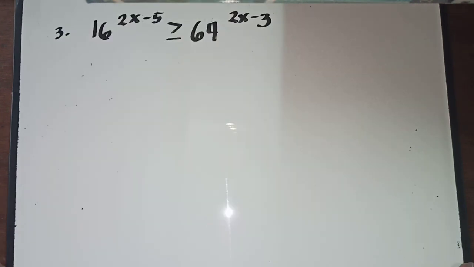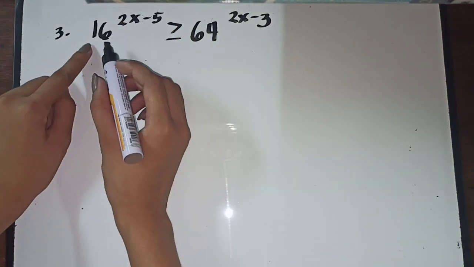Third example, 16 raised to 2x minus 5 is greater than or equal to 64 raised to 2x minus 3. Again, first step, make the base equal. So, you need to make the base equal. Okay?